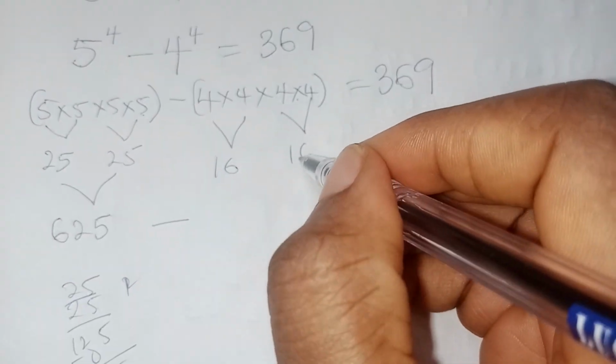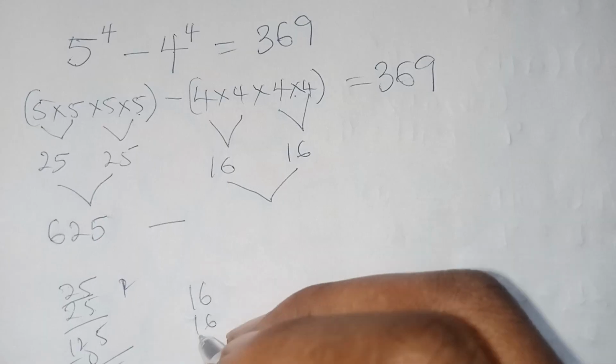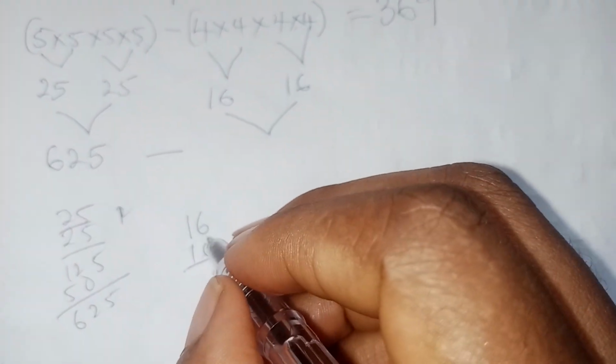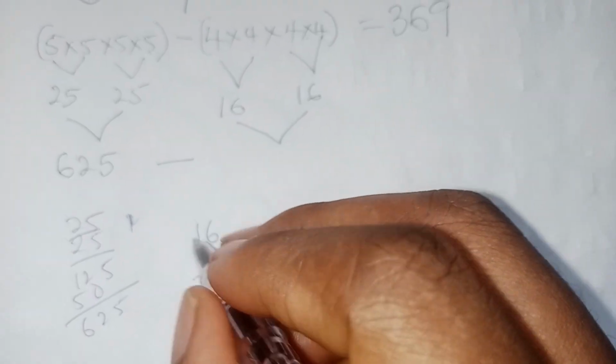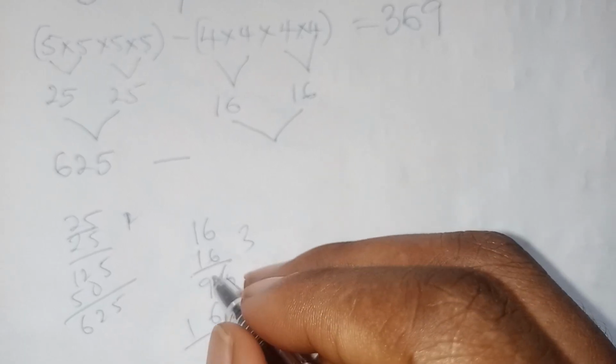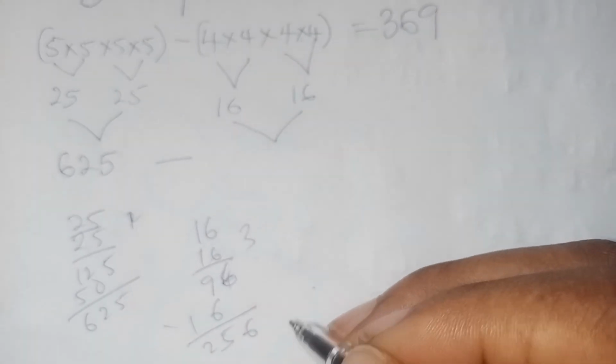This also gives us 16. When we multiply this, we have 16 times 16. This gives us 6 times 6 is 36, and so on, and we get 256. Okay.